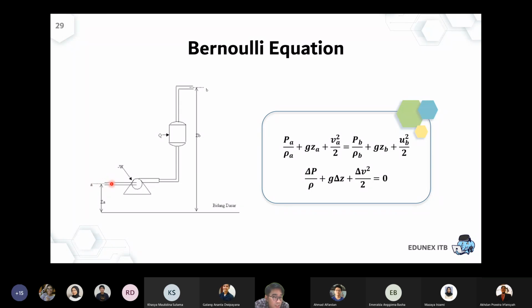It means the total energy at point A will be the same as point B. Then if you take the delta, meaning the differences, you can write that the total of the delta of pressure energy plus potential energy plus kinetic energy equals 0.